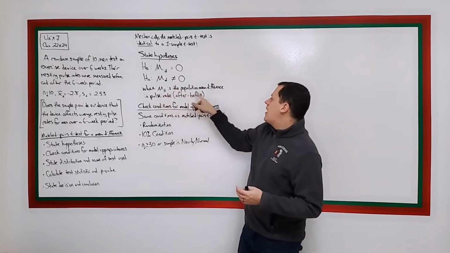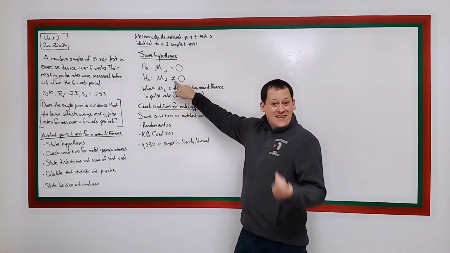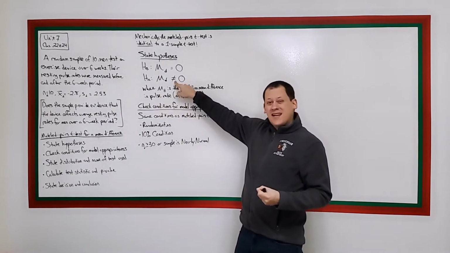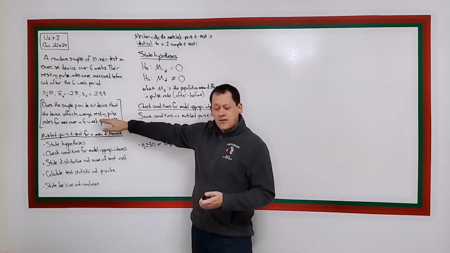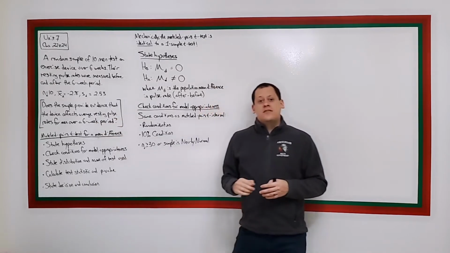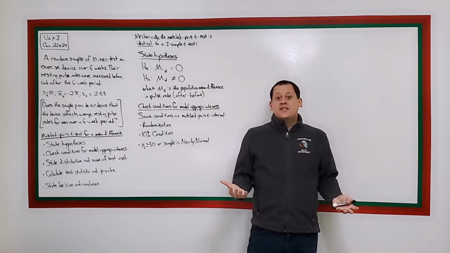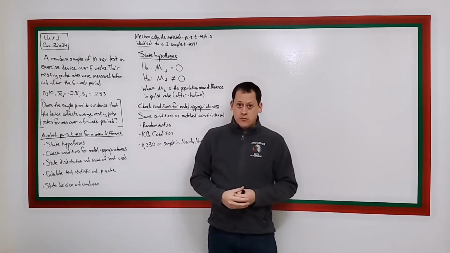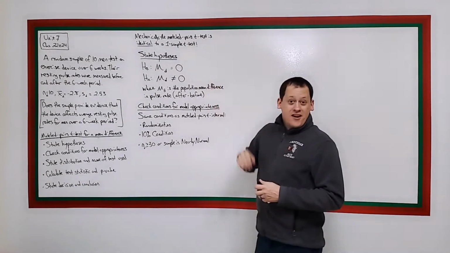So mu d is the population mean difference in pulse rate after minus before. This matched pairs t-test is going to be two-sided. This is a not equal to, because we're interested in whether the exercise noticeably increases or decreases the mean resting pulse rate of these gentlemen. So that's where we left off last video.